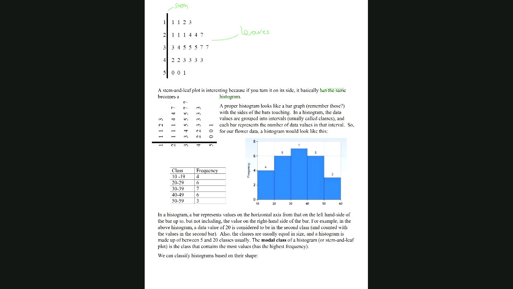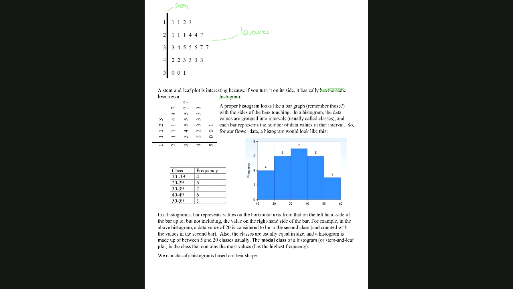In a histogram, the data values are grouped into intervals, usually called classes. So what I did here was I just said that all the numbers that were in the tens were a class, all the numbers that were in the 20s are a class, the 30s, 40s, and 50s. So a class will be from 10 to 19, from 20 to 29, from 30 to 39, 40 to 49, and 50 to 59.